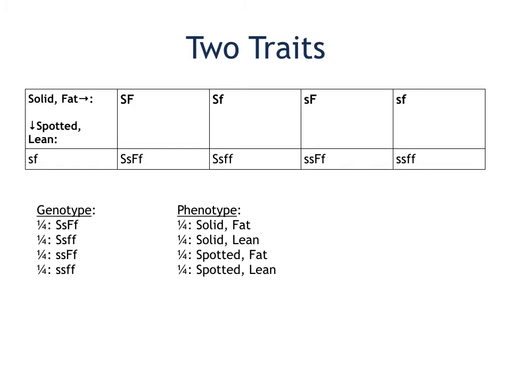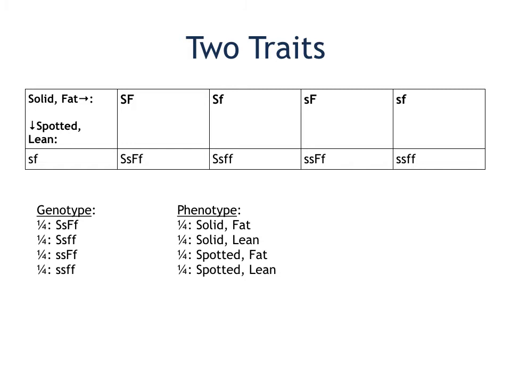So our first one can get capital S and capital F from our solid fat cow. And let's say it's our bull. If our bull is only lowercase s and f, then they get the lowercase s and f from the bull, right? And so we end up with our doubly heterozygous cow in that first box.